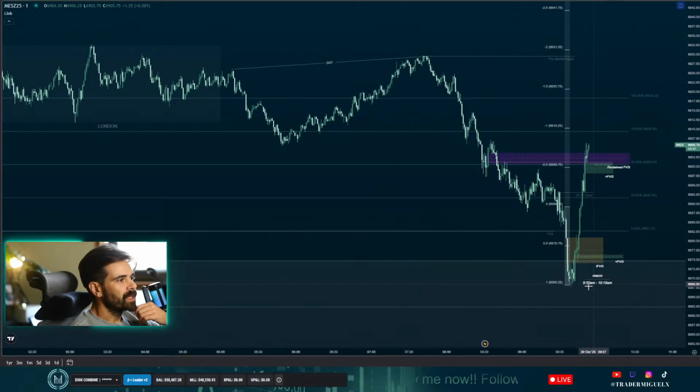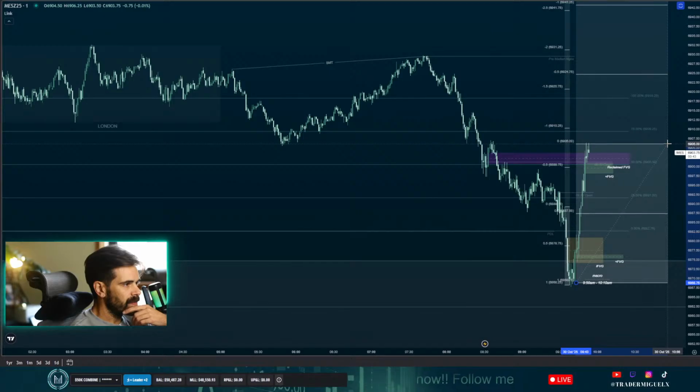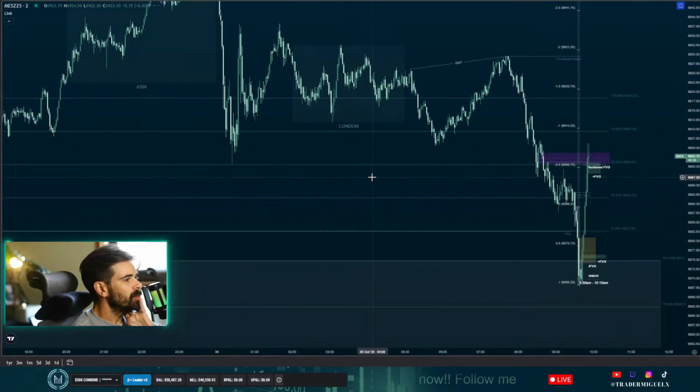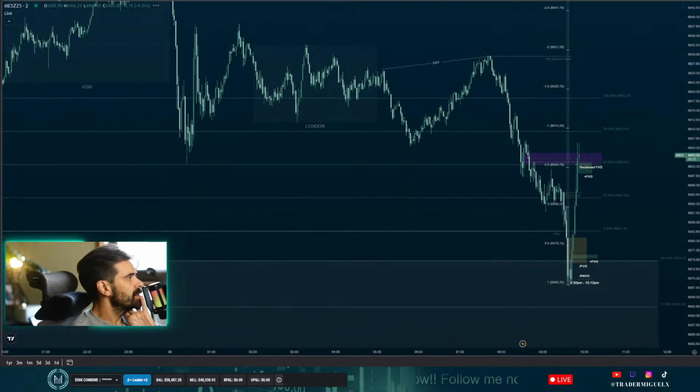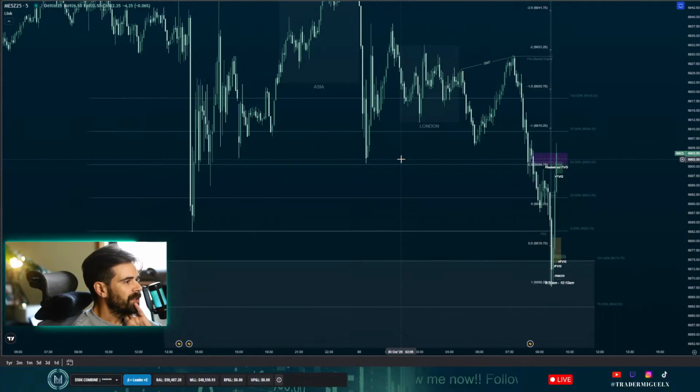Let me just take a measure of OTE levels. Yeah, it's right here, right above, right below, I mean. Kind of hard. Let me just go to a higher time frame just to see where price can eventually retrace to. Yeah, on the 5 minute as well.